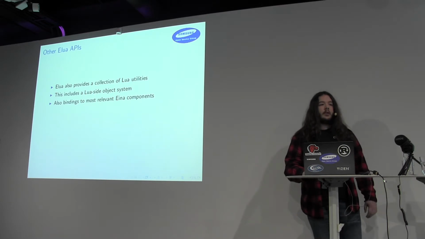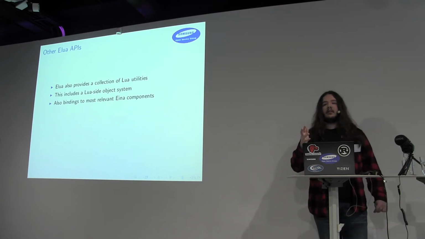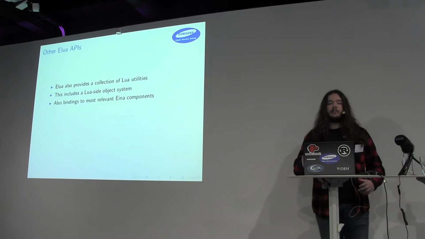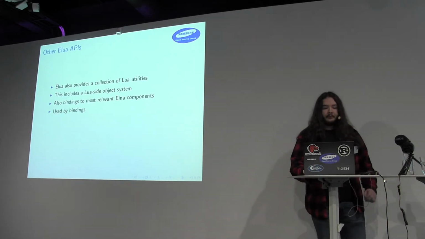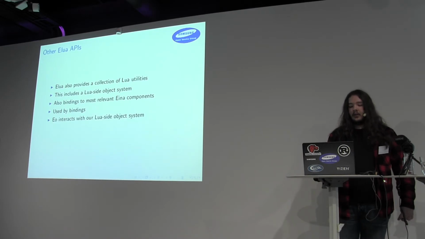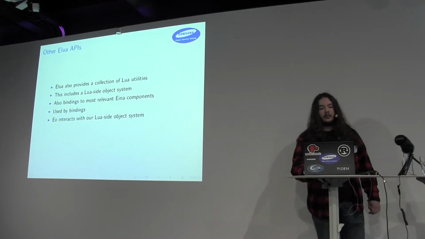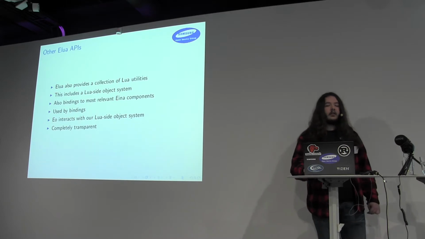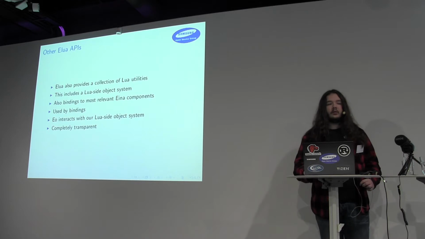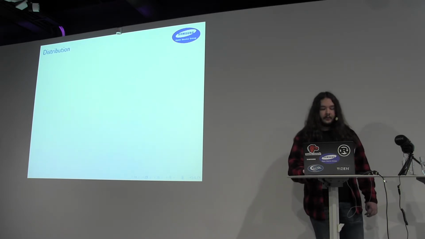So you can use this object directly for reading. So for most things it's okay, and for when you need to do something else with it, you just copy it explicitly. These are used by bindings, obviously. And EO interacts with the Lua side object system we have. And it's all completely transparent. There's nothing which would feel non-native.